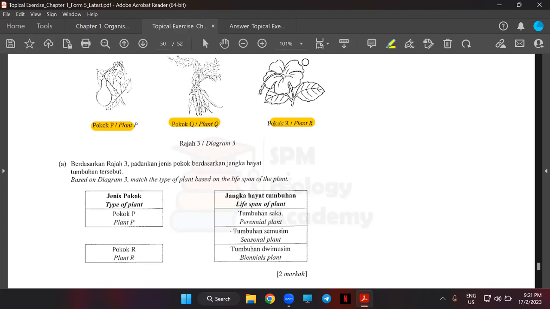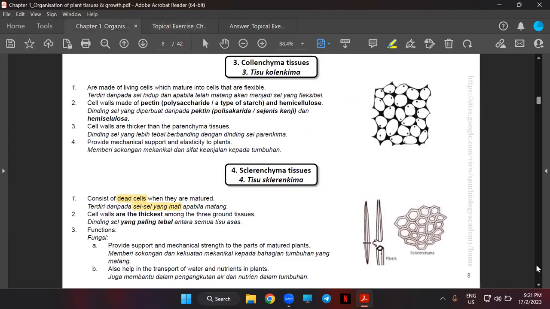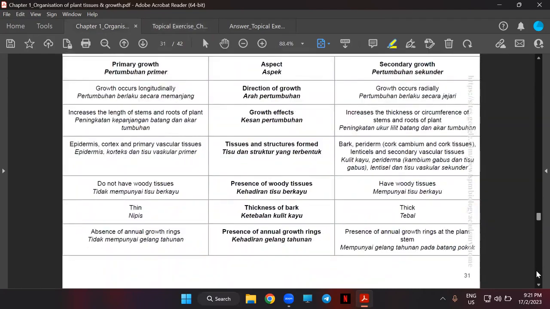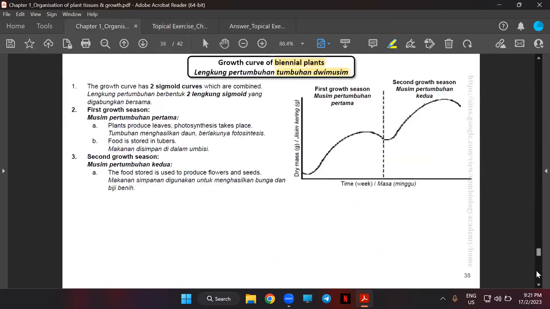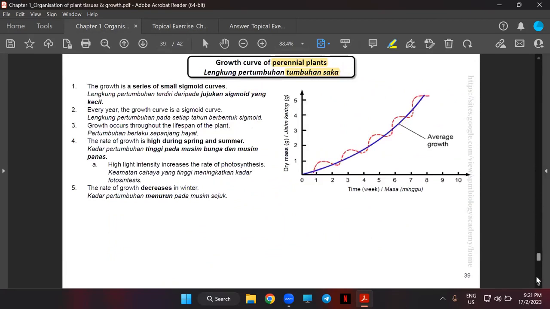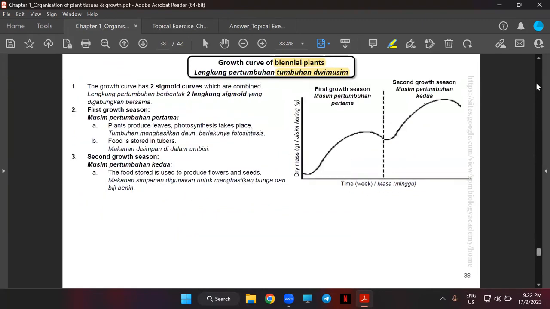Okay, now first, saya nak ambil bunga raya dulu. Bunga raya ialah perennial plant. Kita pernah belajar apa perennial plant. This one. Okay. Iaitu it comes under mana dia?